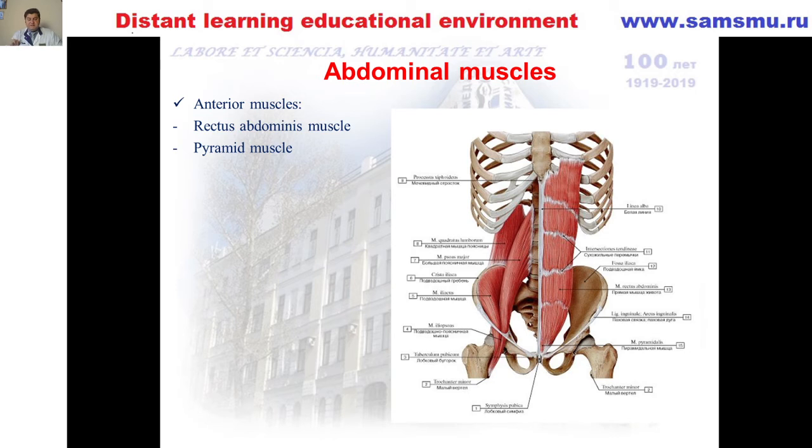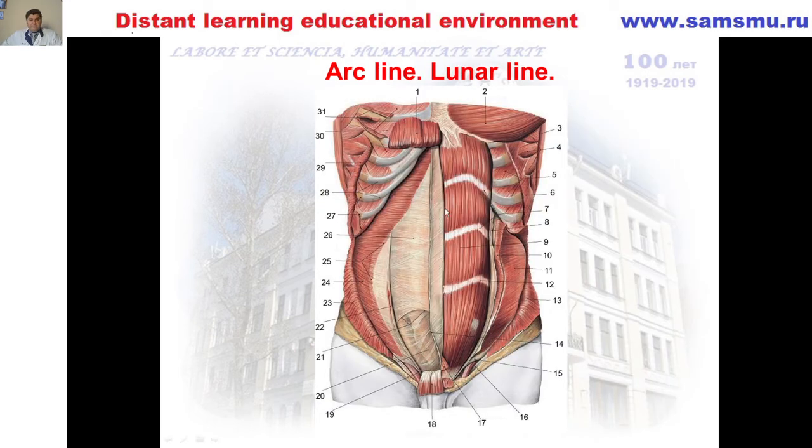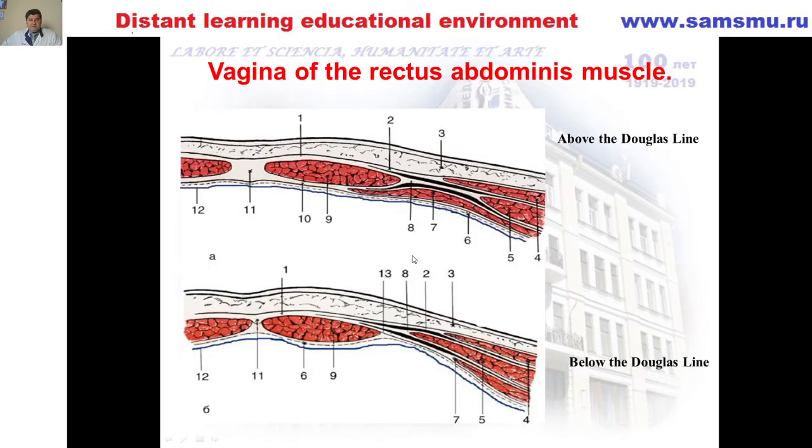This is a rudiment of the muscle that in monotremes and marsupials surrounds the pouch in which they carry their young, like the kangaroo.